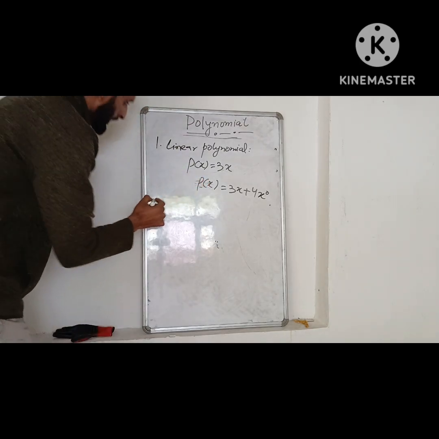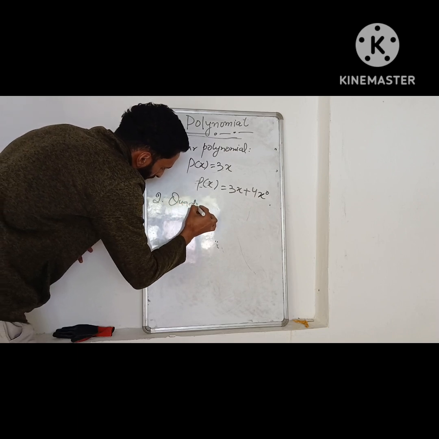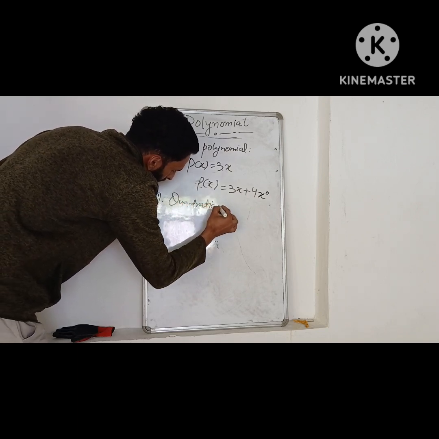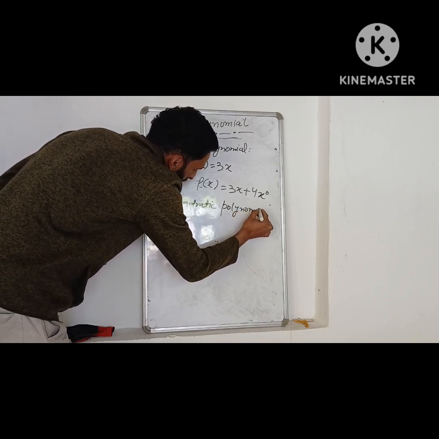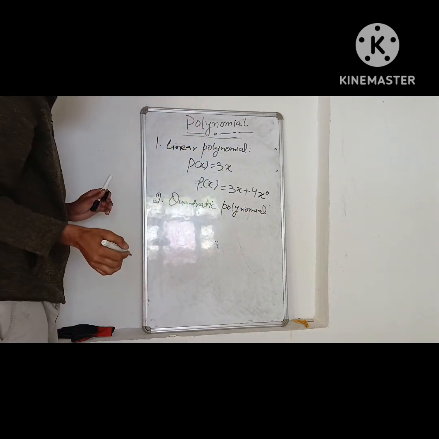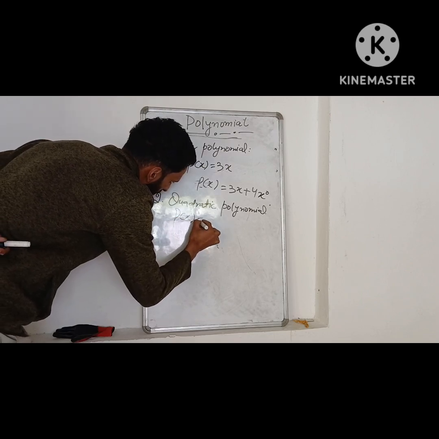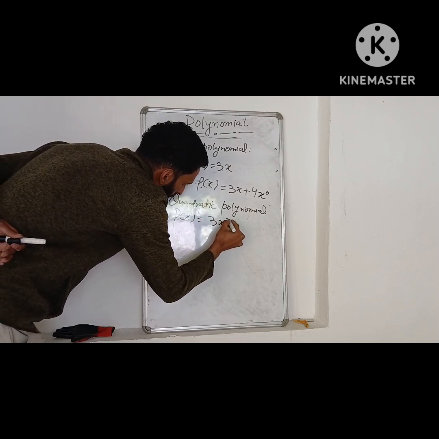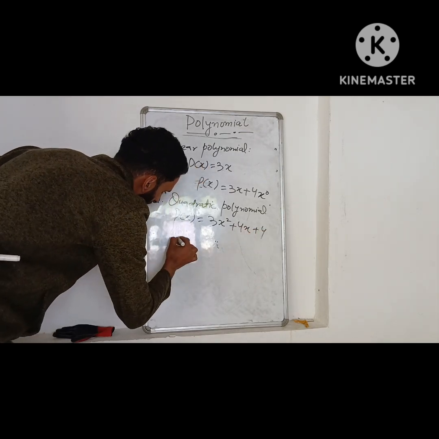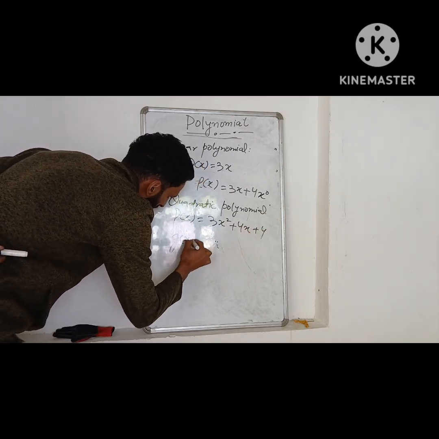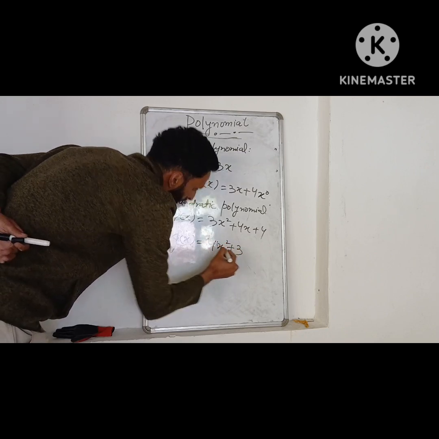Okay. Now, second thing is quadratic polynomial. I will also take an example. Say I am taking a polynomial p of x, which is equal to 3x square plus 4x plus 4. And next example, I am taking g of x is equal to 4x square plus 3.